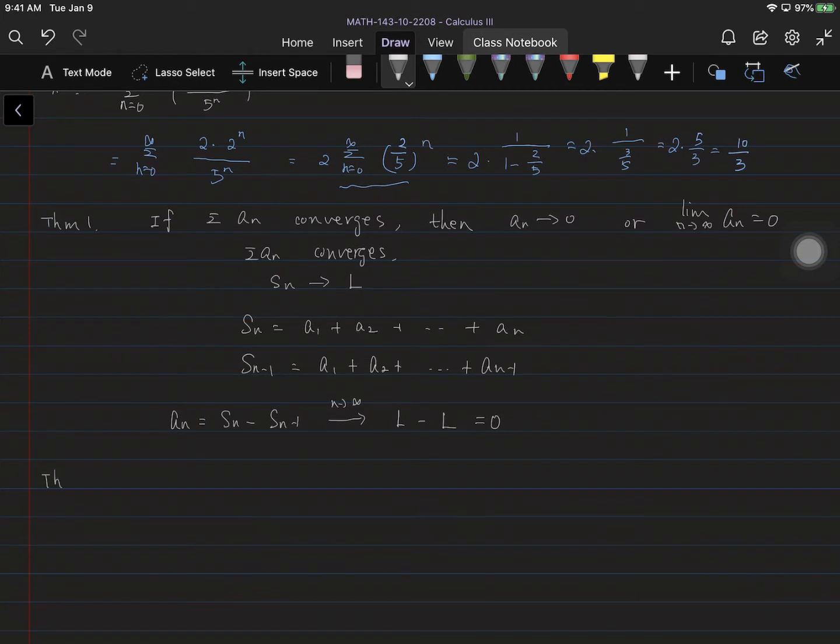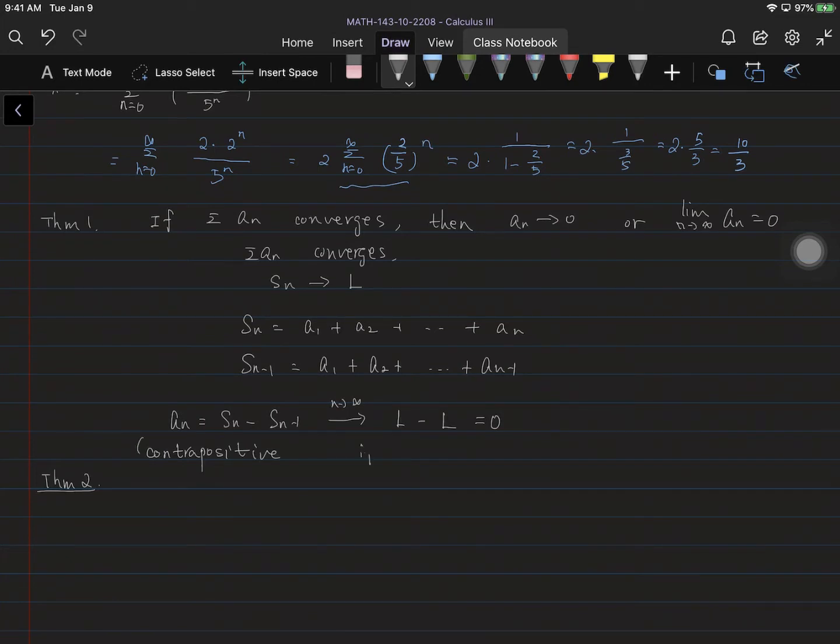Next, we can get a contrapositive of our theorem 1. How do we get this one? We can take a look at the contrapositive. The contrapositive of a statement means what?